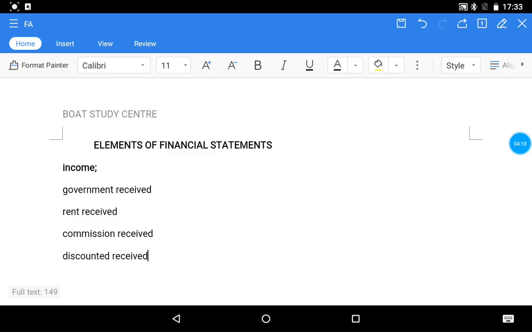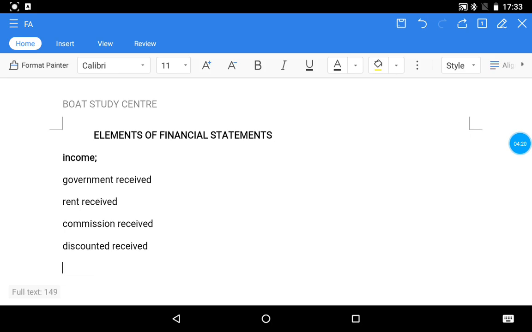Now we are going to the second one. After income, today we are going to look at sales, or revenue.